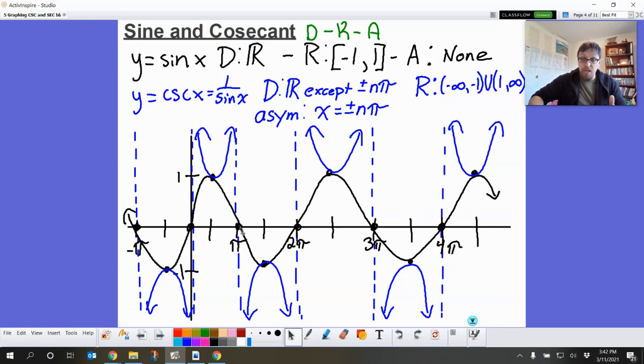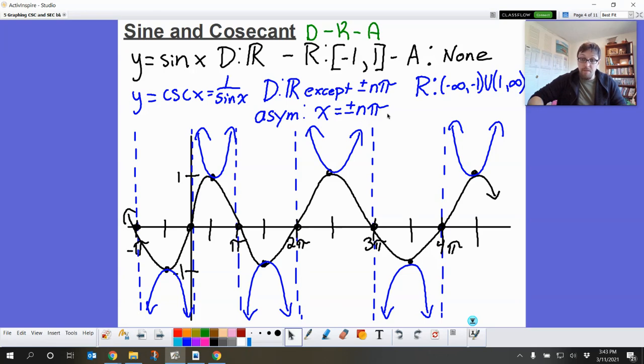Now it also does freak out, just like x and 1 over x, whenever sine touches the x-axis, because at these points right here we're doing 1 over, say, sine of pi, which is 0. 1 divided by 0, we can't do that. So cosecant freaks out at these points, and we get all of these vertical asymptotes.